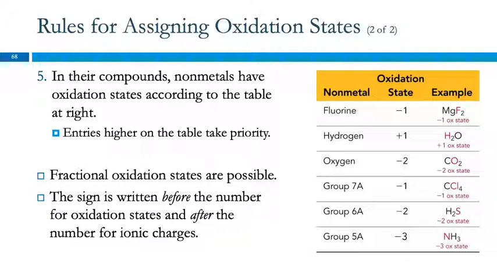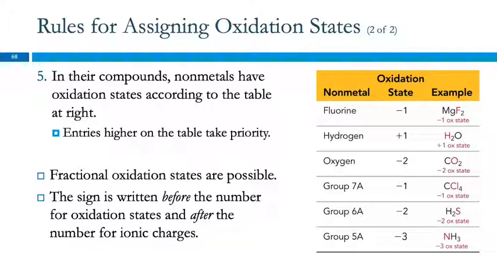The nonmetals would like to have an oxidation state the same as the charge they have as an ion, right? So fluorine forms a fluoride ion with a -1 charge. That is the oxidation state that it would like to have, okay? Oxygen forms an oxide ion with a 2- charge. If oxygen had its opportunity, it would have a -2 oxidation state.